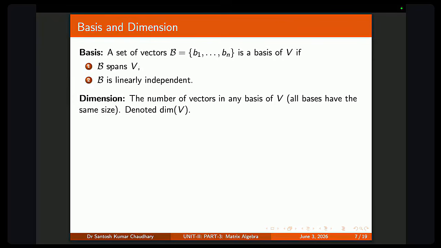So the first condition is that B spans V. You can also say the span of B is equal to V.